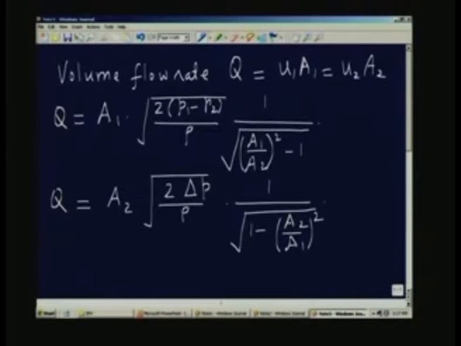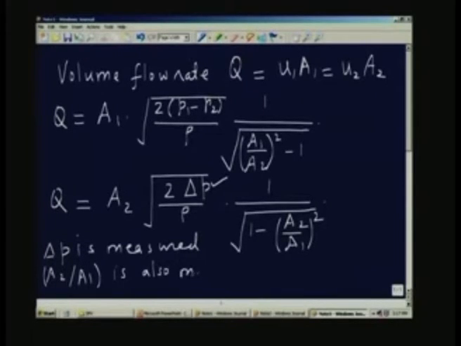So, in a flow measuring device based on the variable area principle, I am going to measure this. Delta p is measured, and the ratio A2 by A1 is also measured, because I know the change in the area.